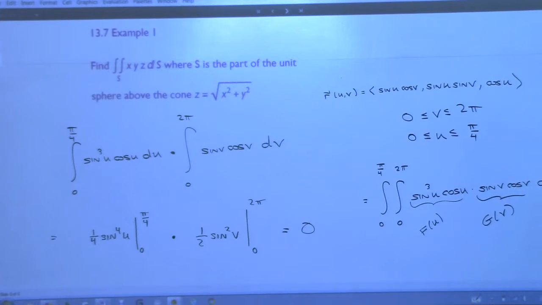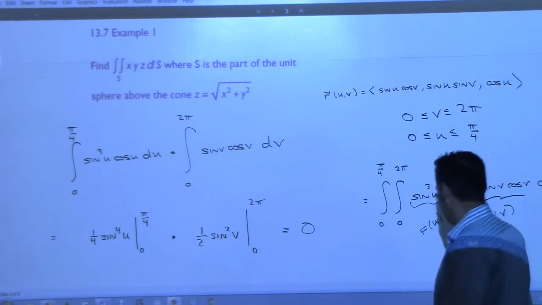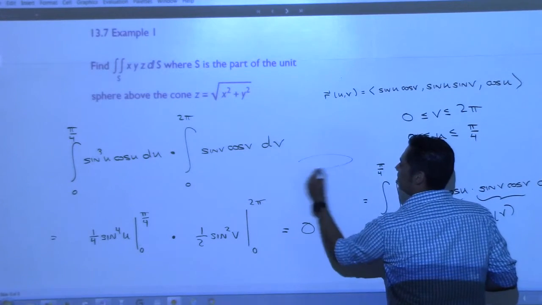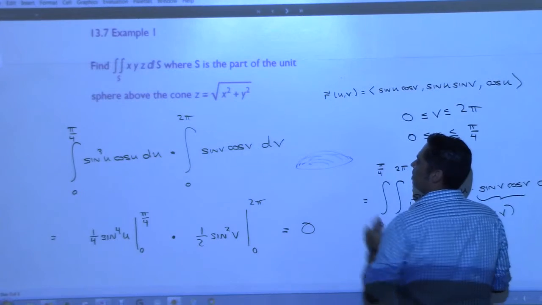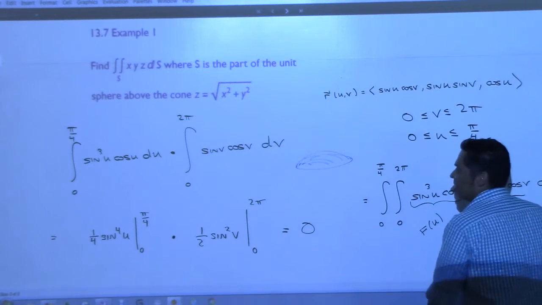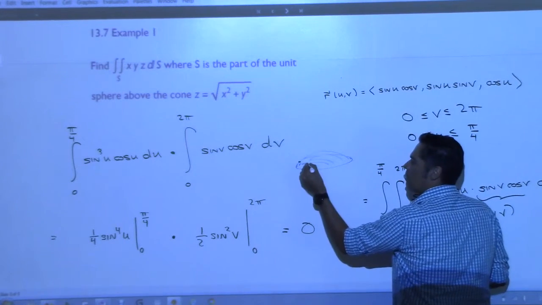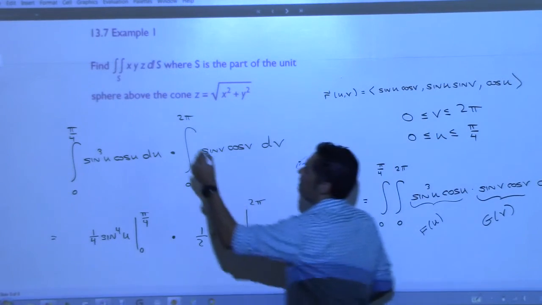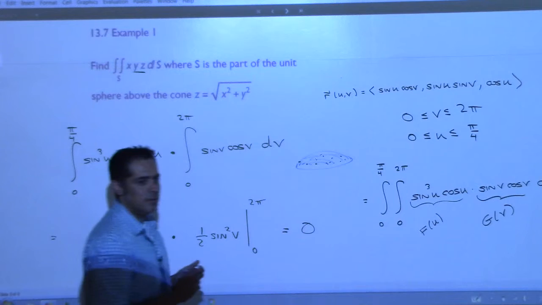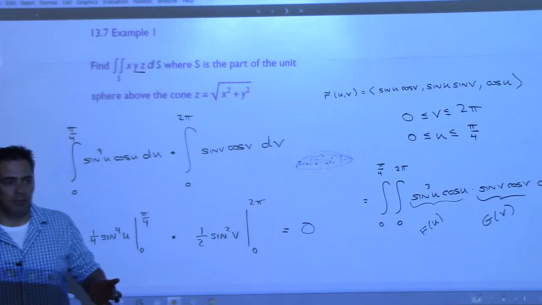So just remember, we are not finding the surface area of this anymore. What we're saying is, look, we've got this cap, this little dome piece, this little surface up here. And we're taking every point on this, plugging those points into this function, and adding them up.